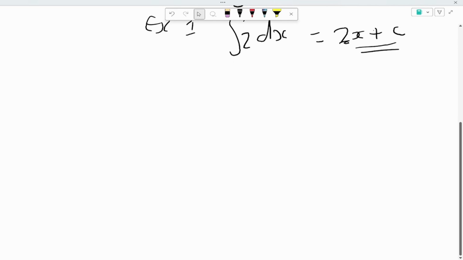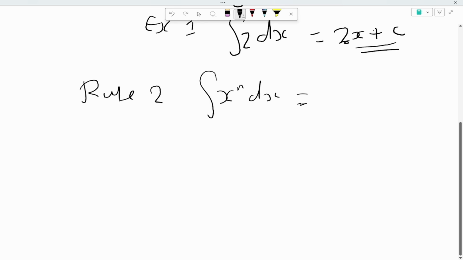So we go further to a second rule, whereby if you have, for instance, the integral of x raised to power n dx, this is more like the general rule.